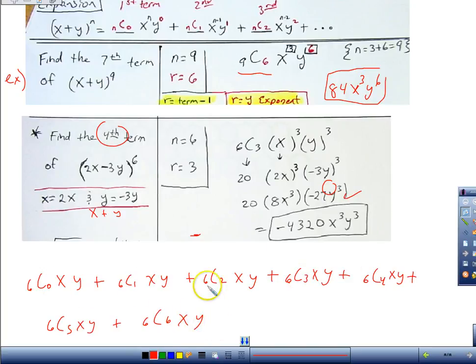And then the exponents are going to go like this. 0, 1, 2, 3, 4, 5, 6. For the y's, they increase by 1 every single time, whereas the x's start with the highest exponent of 6 and then drop by 1.